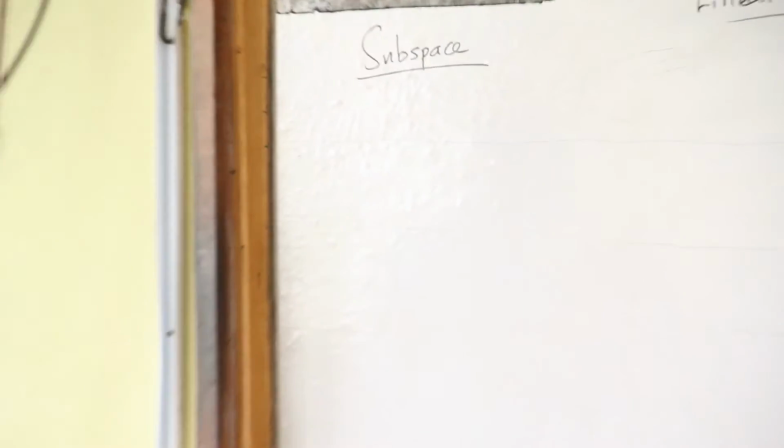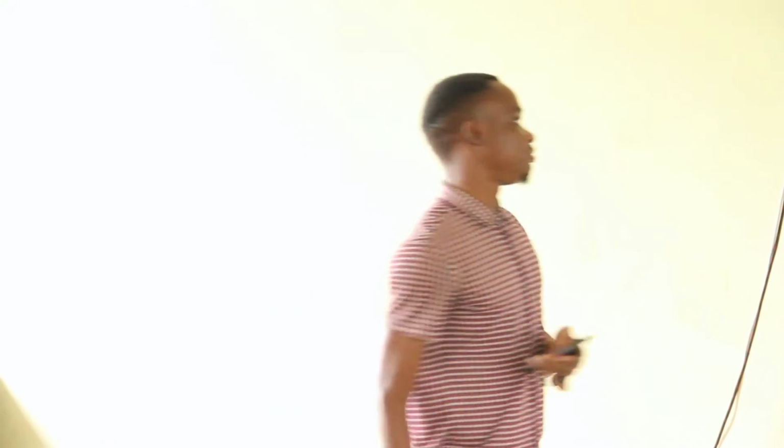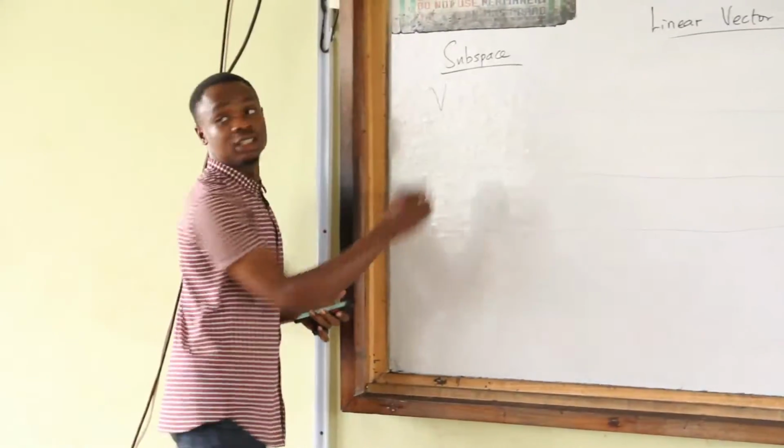Alright, we can write now. Let V be a vector space, that's big V. Let V be a vector space over the field F. Big F. Full stop.